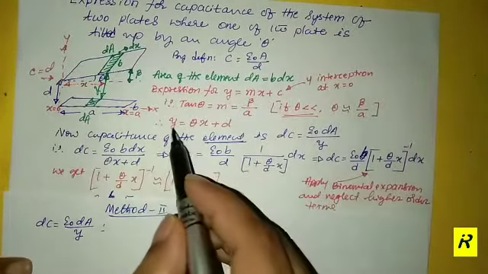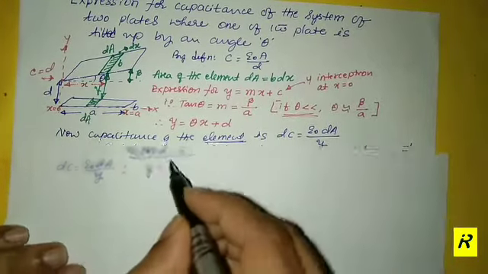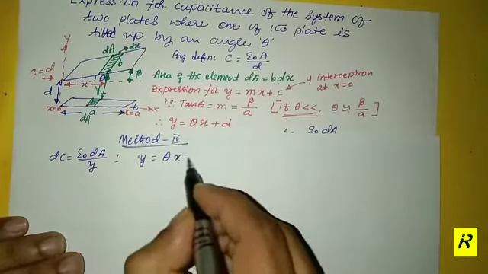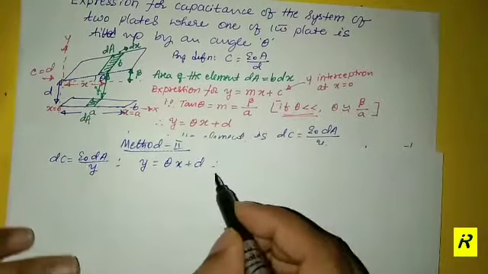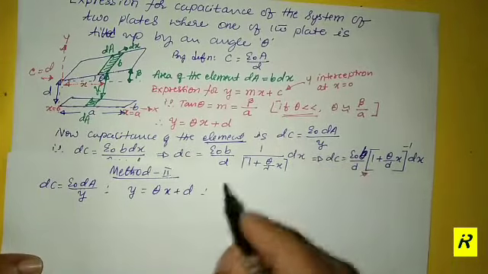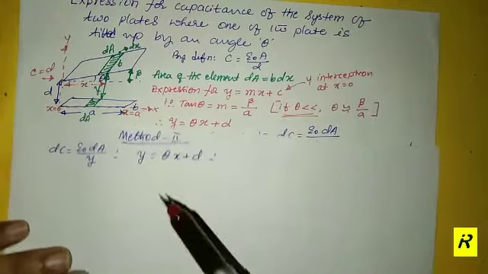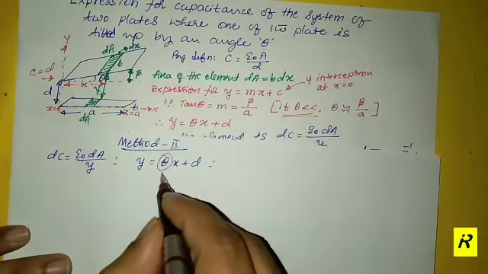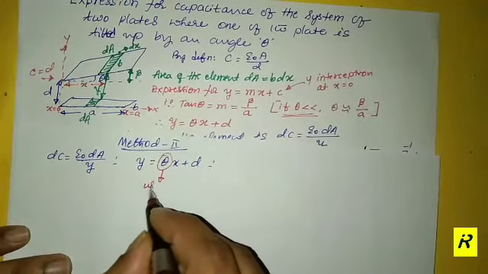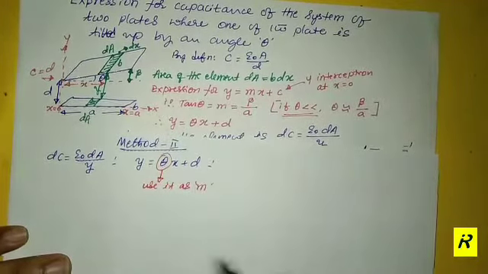What actually? y is equal to theta x plus d, right? Here y is equal to theta x plus d. But what is this theta? Theta stands for slope, right? Now I am not using this here as theta, and simply use it as m, that is slope.